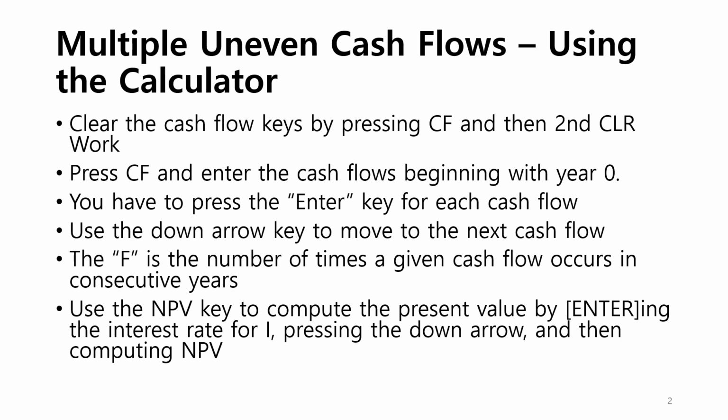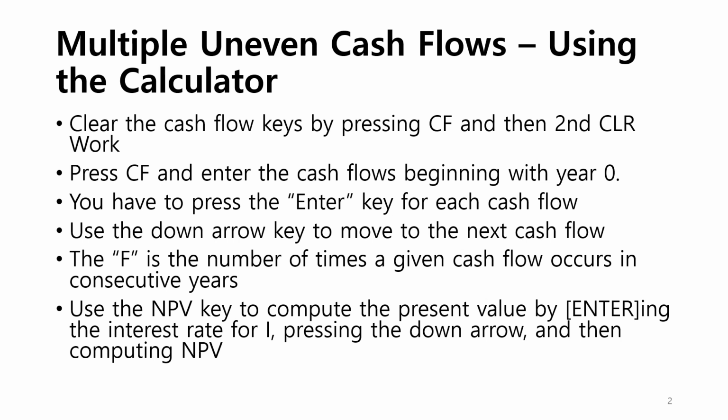Then, as I said, first you have to clear the memory. So press the CF button, and then press the second button, and press the clear work button. This will clear the memory. And you have to do that before you start a new calculation, right?